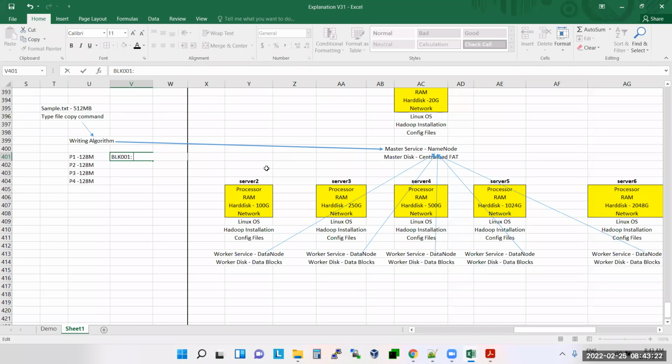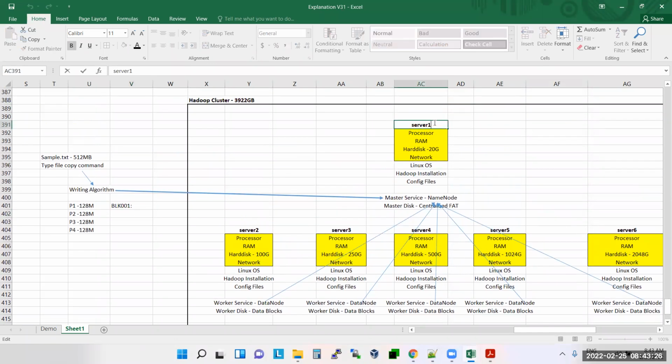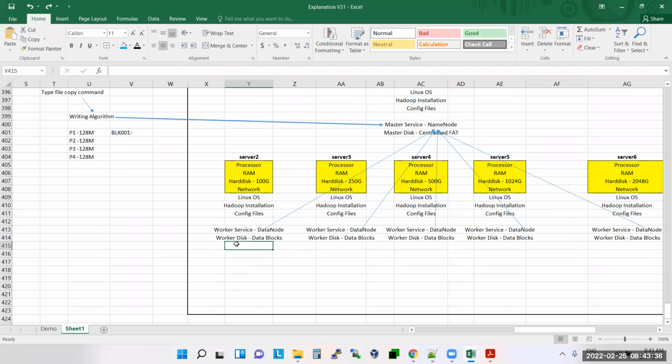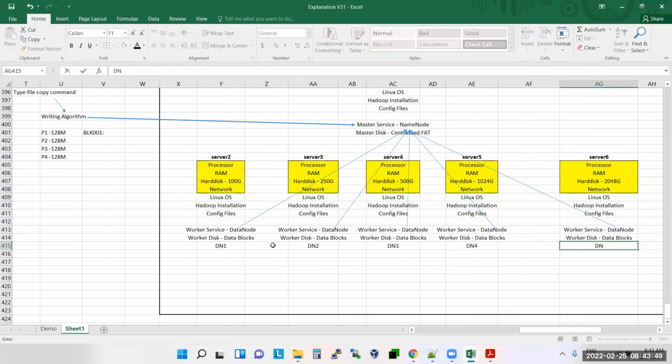Here this is the name node, and these are data node 1, data node 2, data node 3, data node 4, and data node 5.